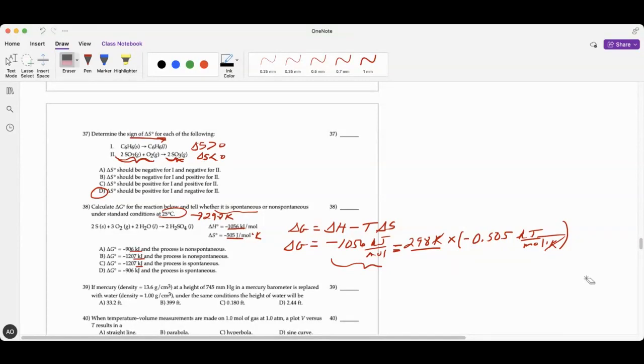And I get a negative 906 kilojoules per mole. So delta G is negative, so the process is spontaneous, and it's a negative 906 kilojoules. So the answer for this one would be D.